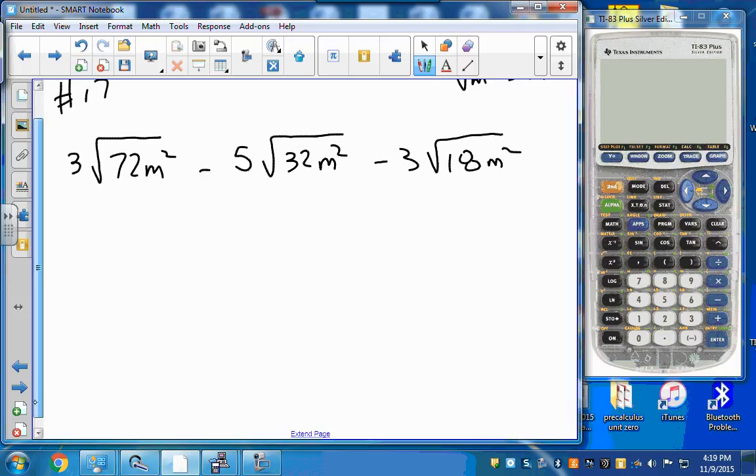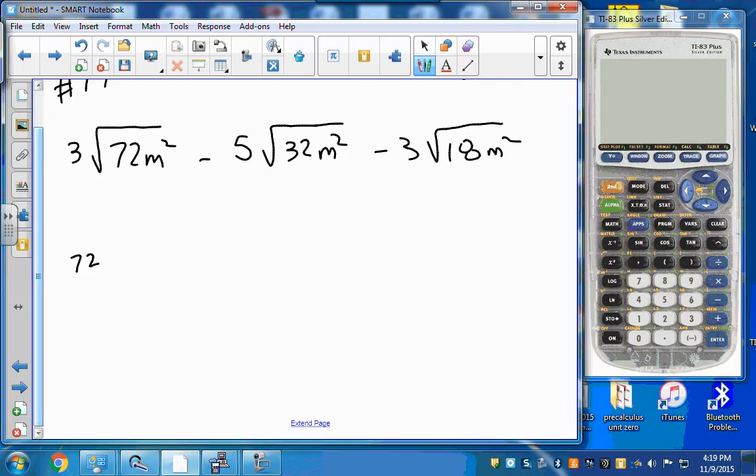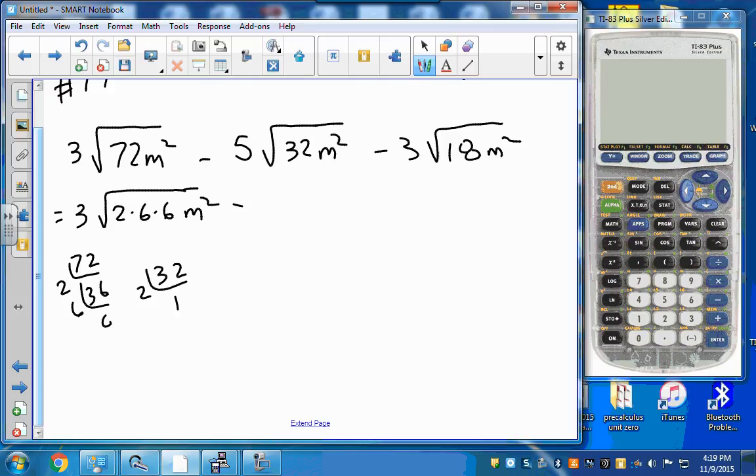Okay, so once again, we clean these up. If I don't know 72 right off the bat, 2 goes into 72 36 times, and that's 6 by 6. So I can write this as 3 times the square root of 2 times 6 m squared. 32, if I don't know that one, I can divide 2 in there and get 16, and then there's a pair of 4's.